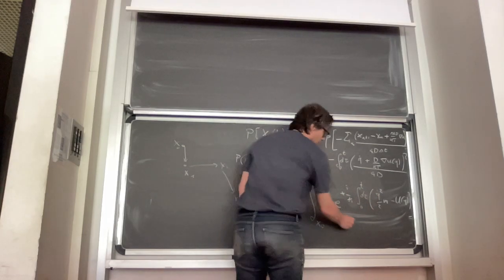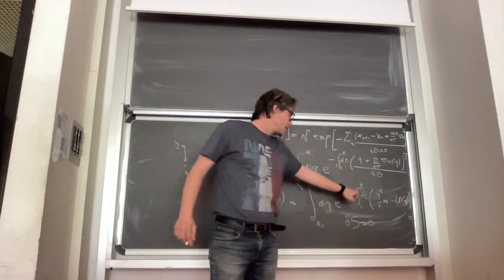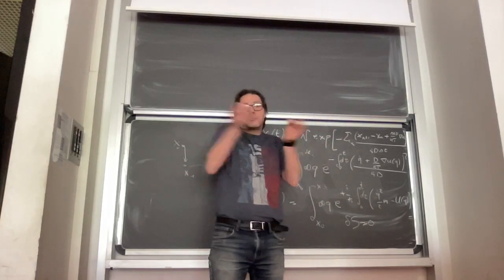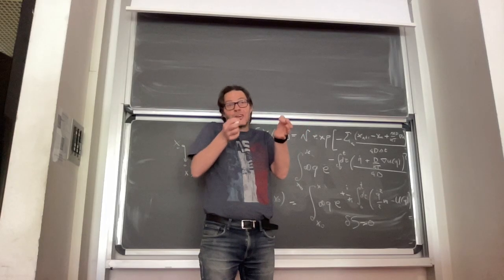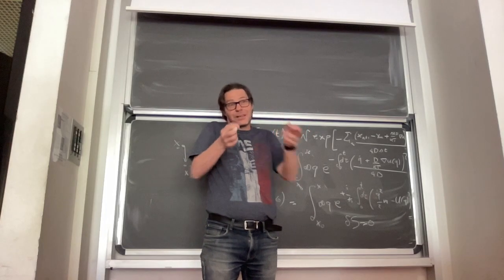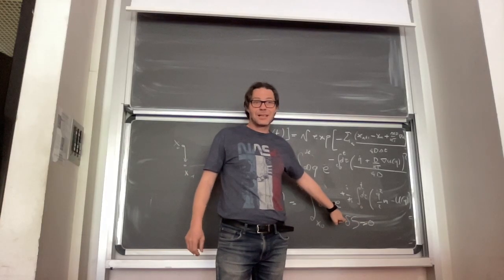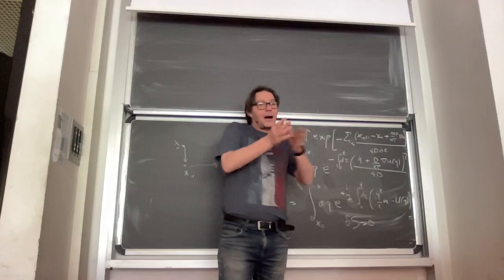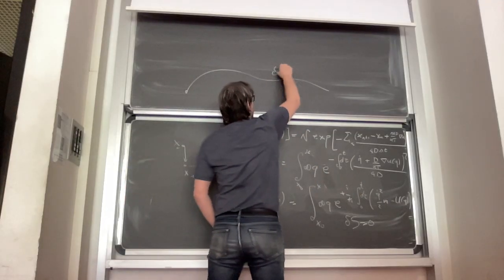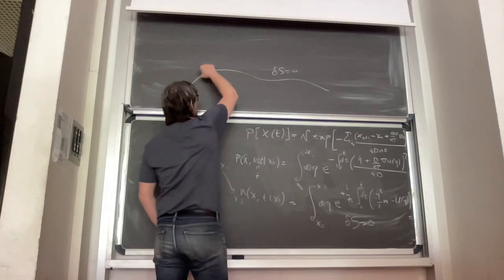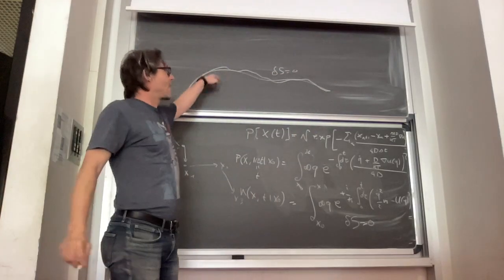Because basically if you impose delta S equals 0, you get that if you slightly perturb your path, the action is stationary to linear variation in the path. That's the condition of gradient over the path, right? So this means that if you have a path with delta S equal to 0 and you slightly perturb it, to linear order in the perturbation, the action doesn't change.